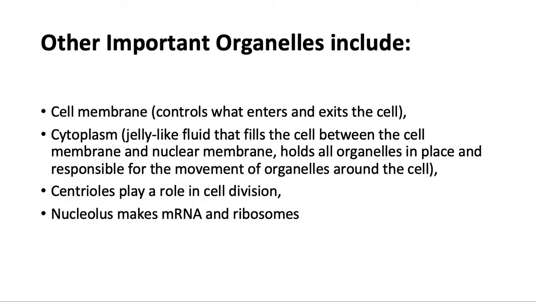Obviously, there are other important organelles existing in the cell, and they include the cell membrane that controls what enters and what leaves the cell, cytoplasm that represents a jelly-like fluid that fills the cell between the cell membrane and nuclear membrane, holds all organelles in place, and is responsible for the movement of organelles around the cell, and centrioles that play a role in cell division.